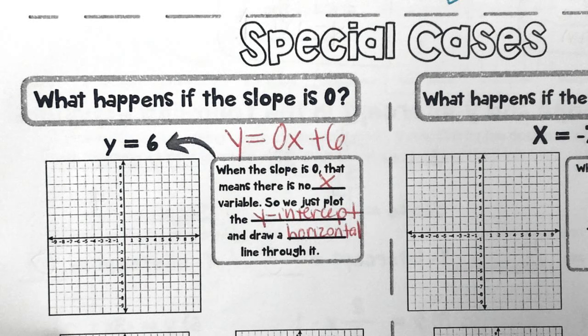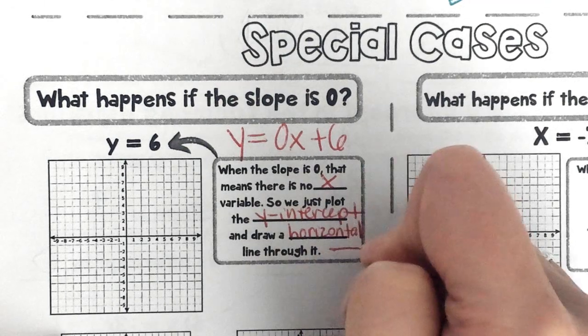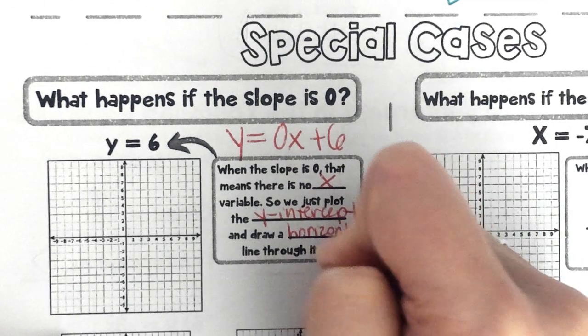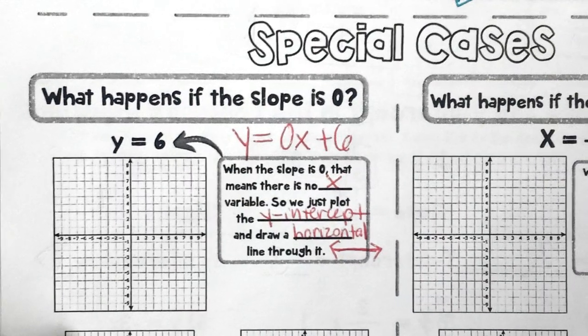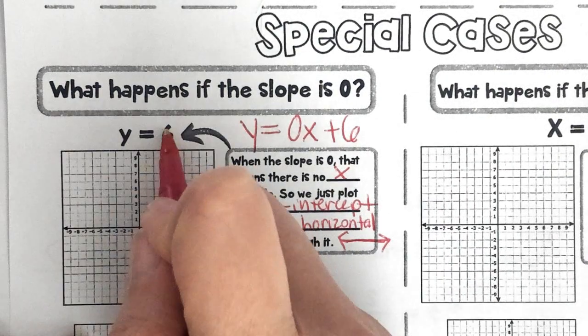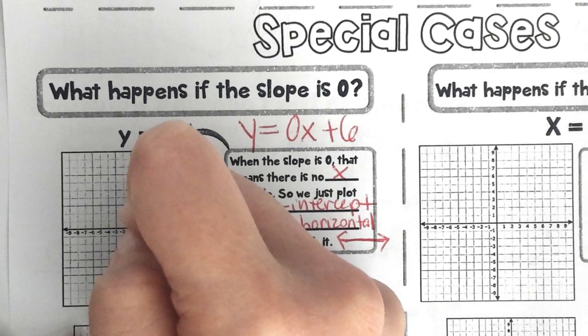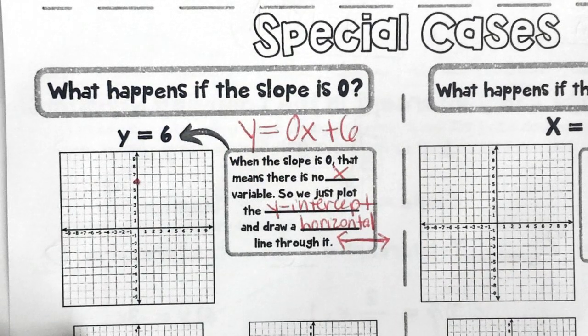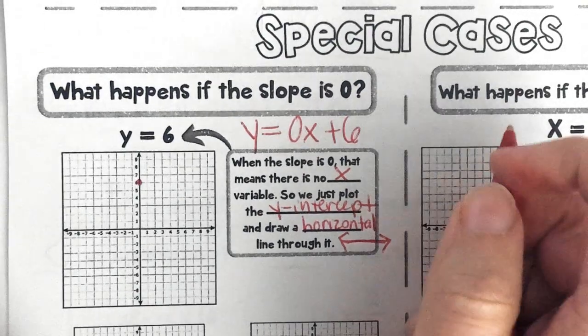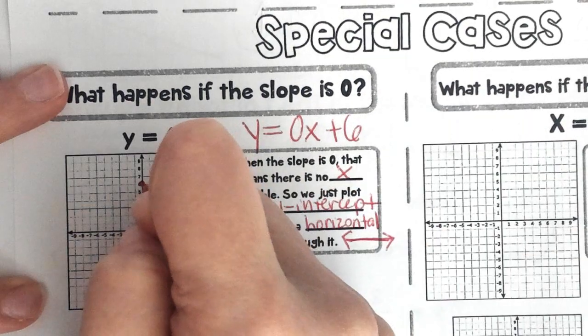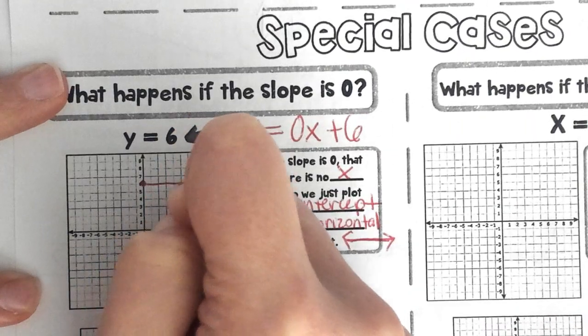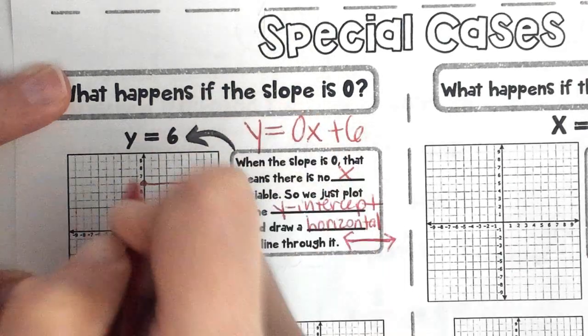Evelyn, that's a diagonal. Yeah, like this. Very good. That's horizontal. Okay, so what we're going to do is we're going to go up to our positive 6 on our y-axis and put our begin point there. And then if I go straight across left and right, that is where all the values of y are 6, all the way across the graph.